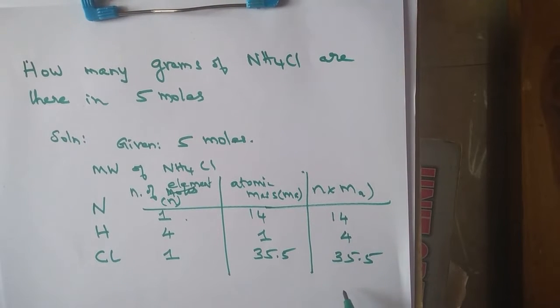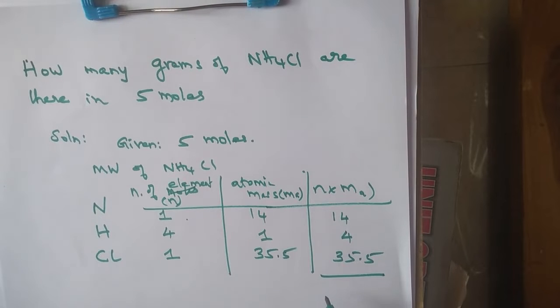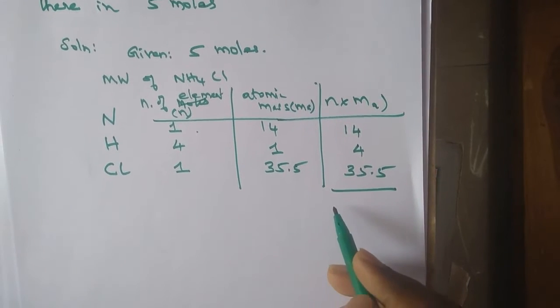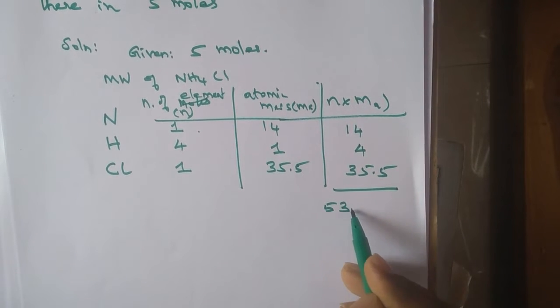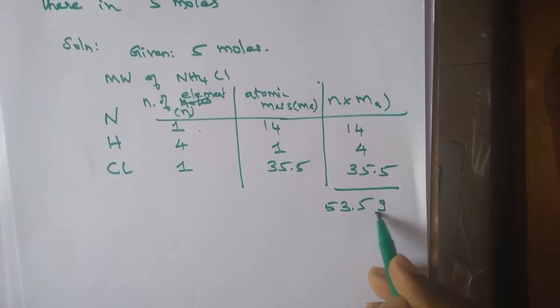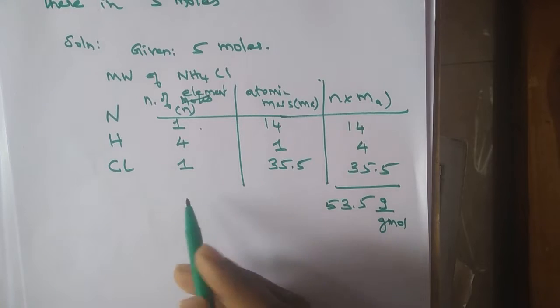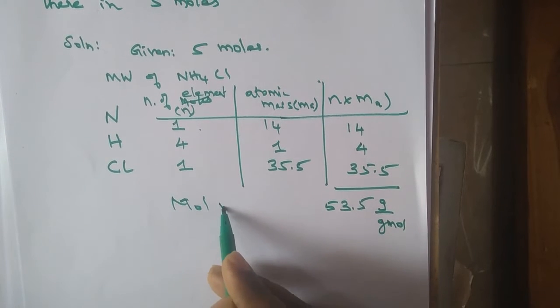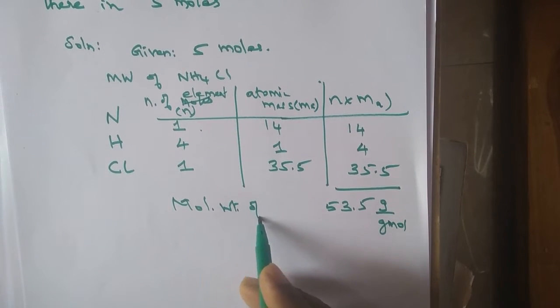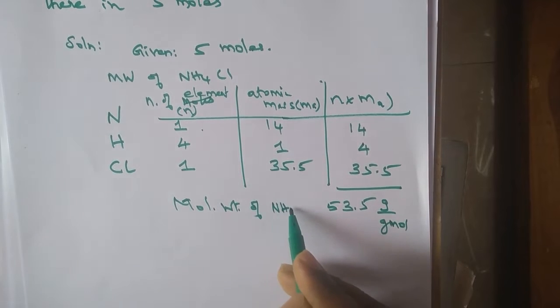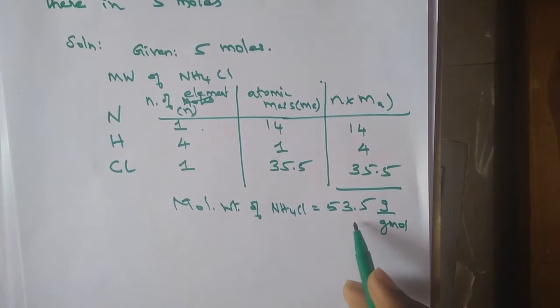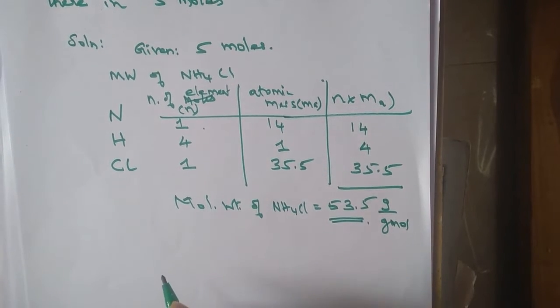The summation of 14 plus 4 plus 35.5 is 53.5 grams per gram mole. So the molecular weight of NH4Cl is equal to 53.5 grams per gram mole.